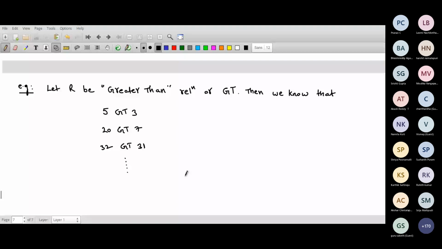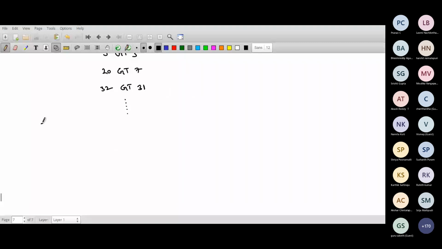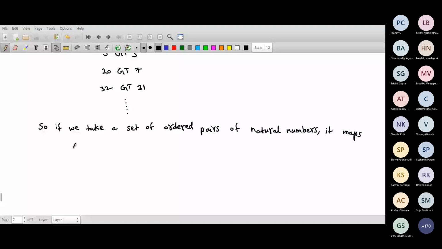So if we take a set of ordered pairs of natural numbers, it maps onto the set of true false as below.